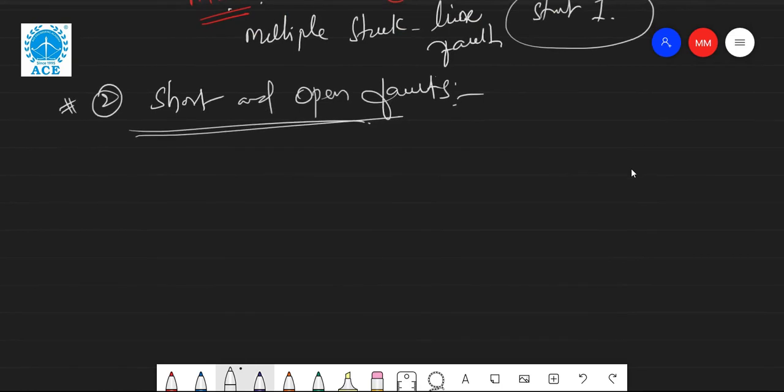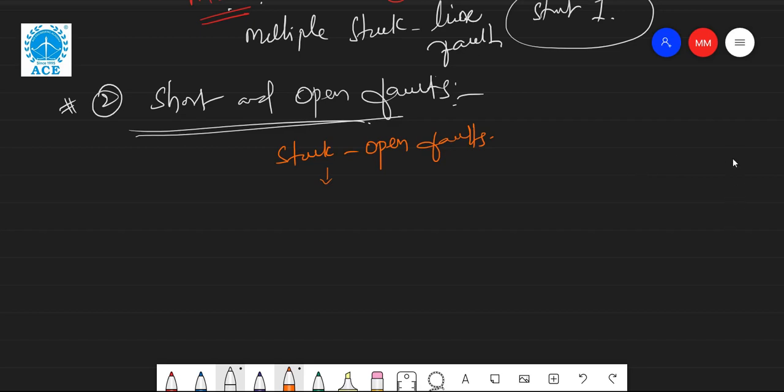We can call it simply, first of all, the first one is stuck open fault. When it is open, a floating node, then it is called a stuck open fault. Let us see this one, right?